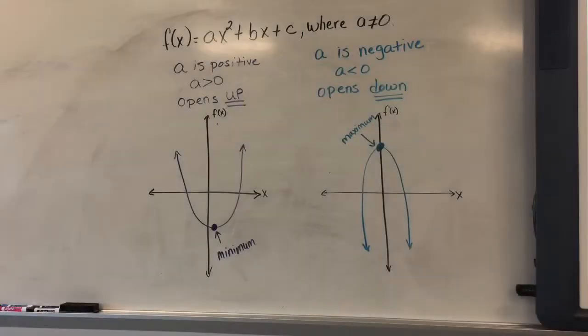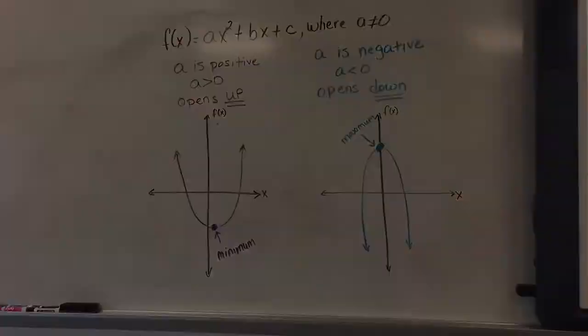So here's a visual of what's happening with a quadratic function, ax squared plus bx plus c, where a does not equal 0. So if a is positive, then your parabola opens up and you have a minimum value. If your a is negative, then your parabola will open down and you will have a maximum value.